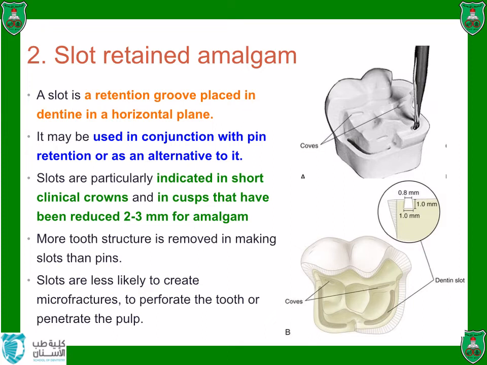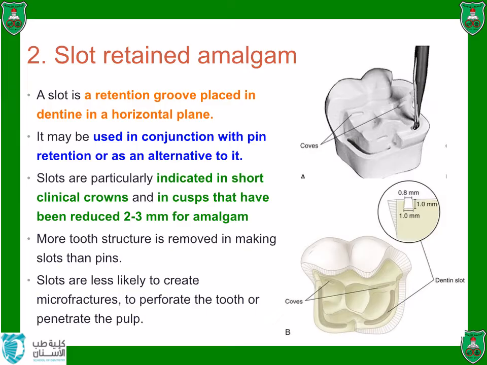They are particularly indicated in short clinical crowns and in cusps that have been reduced 2 to 3 millimeters for amalgam. Now remember, when we place pins, we need to have 2 millimeters of the pin inside dentin, 2 millimeters of the pin in the amalgam, and the pin should be away from occlusion by 2 millimeters.